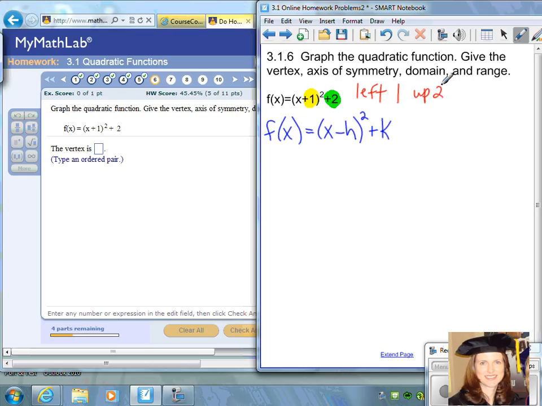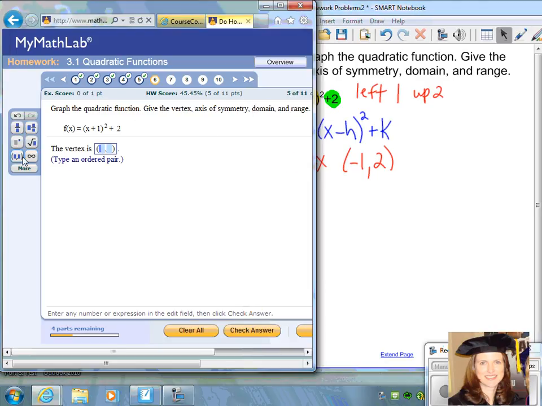So our vertex, normally at the origin, 0, 0, has been shifted to the left 1, which means -1, comma, up to +2. That is our vertex. And you can pick that out by looking at the components, the way it's written in this form. Let's check our answer.